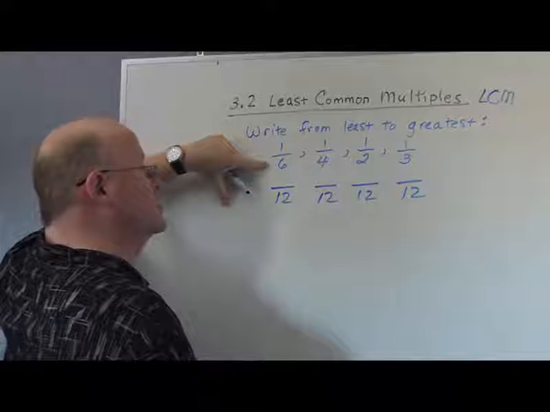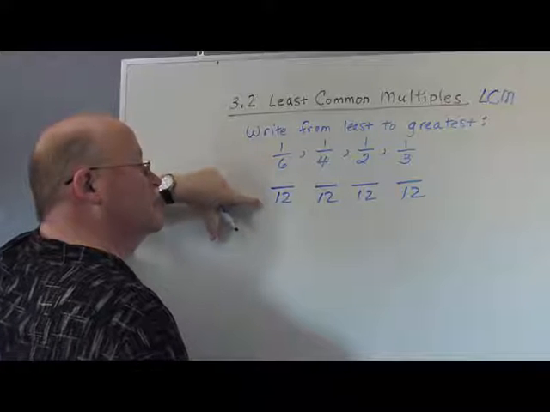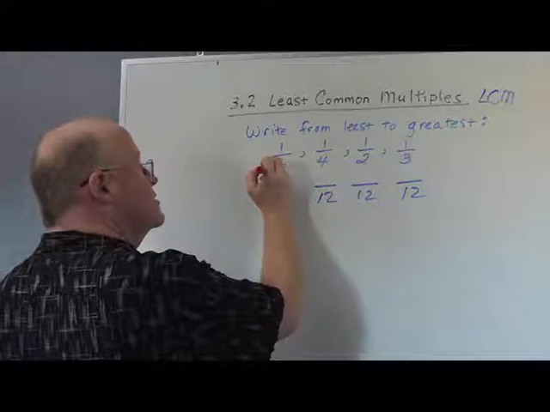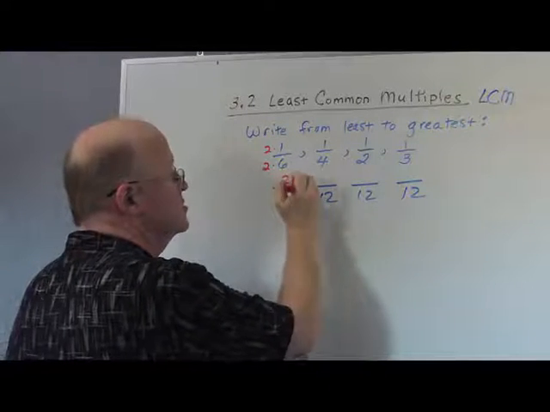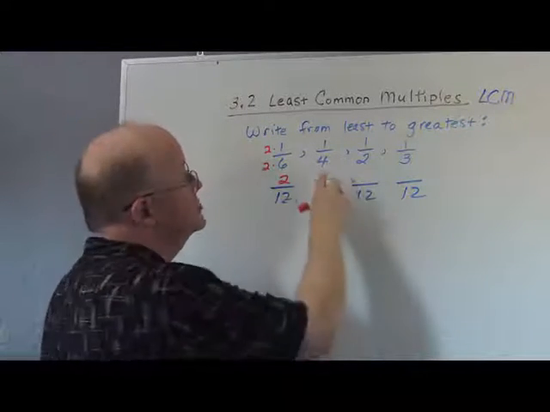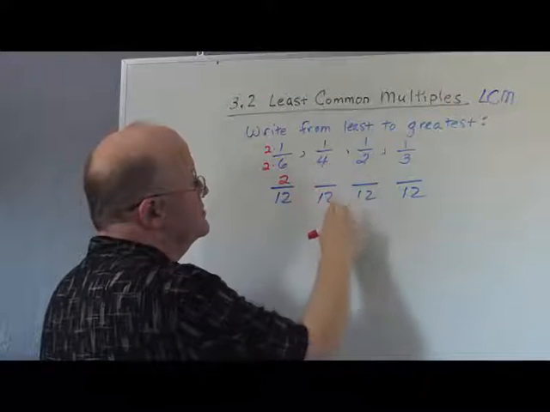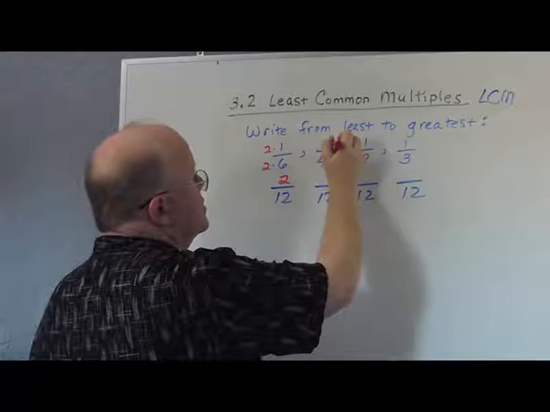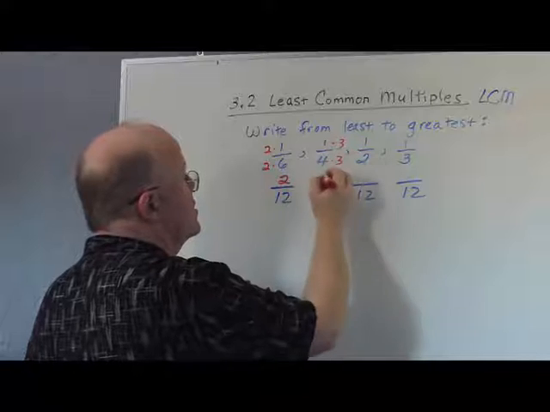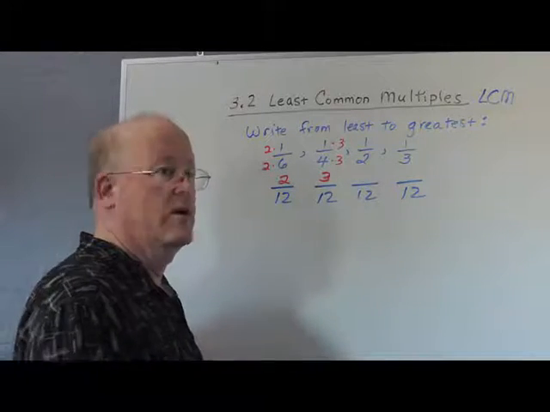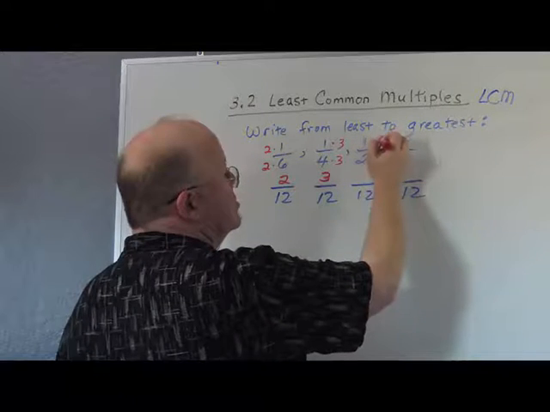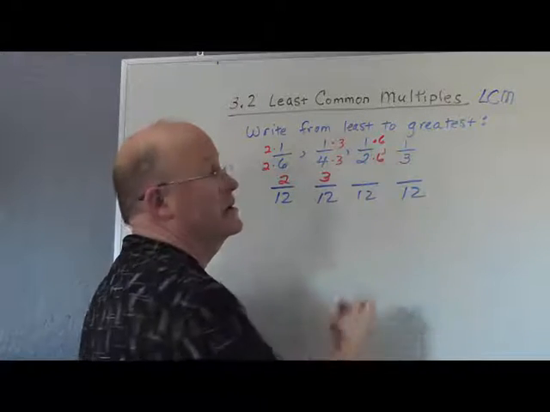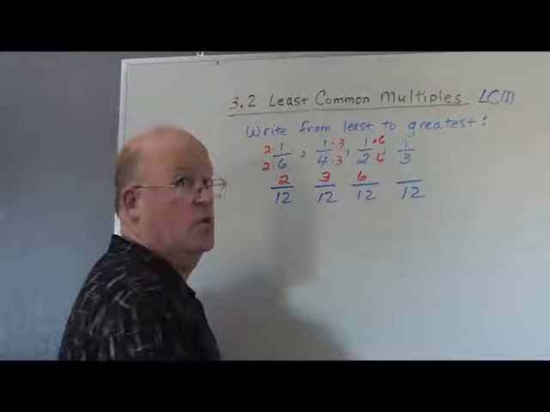Now, to convert them to be over this least common denominator, we look at the 6, the old denominator, and we determine that it's been multiplied by 2 to get to the 12. So we're going to multiply both the numerator and denominator by 2 and write that as 2/12. Likewise, with 1/4, 4 times 3 makes 12, so this fraction can be multiplied by 3 over 3, and we would have 3/12. In the next fraction, 2 goes into 12 6 times, so we're going to multiply both the numerator and the denominator by 6 to get 6/12.